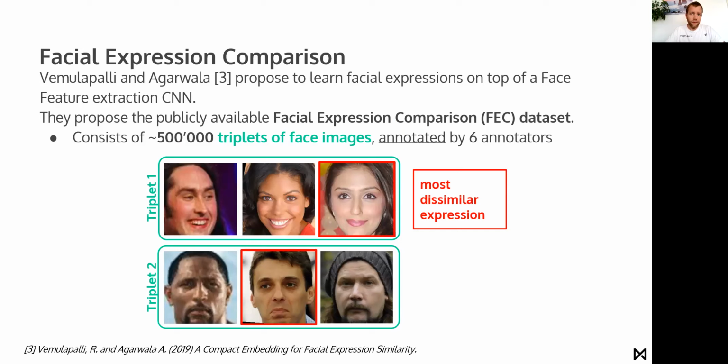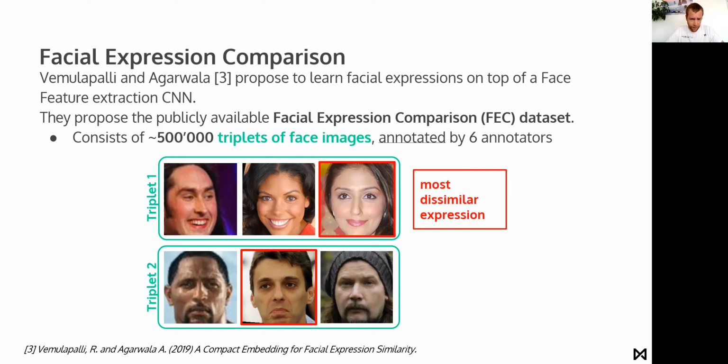The last work I'd like to present is called facial expression comparison. Rather than defining specific action units and collecting data to train those, the work by Vemulapalli and Agarwala uses deep learning to learn facial expressions by taking a lot of triplets of face images and asking human annotators to say which one of the 3 faces in any given triplet is the most different from the 2 others.